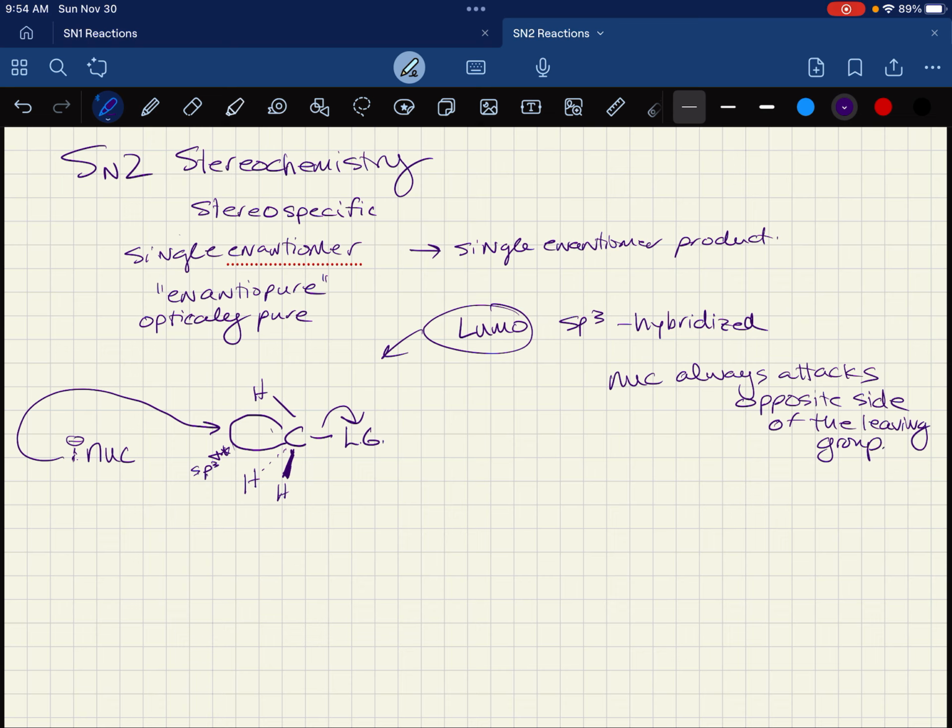Okay, so that's going to give us a transition state that looks like this. Kind of trigonal planar, except that the leaving group is leaving from one side and the nucleophile is coming in on the other side. And so this is going to be the transition state.